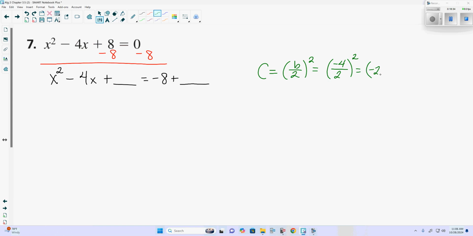Negative 4 divided by 2 is negative 2. And negative 2 squared is 4. And the value of c is always going to be positive, because whenever we square a number, multiply a number by itself, it will be positive.